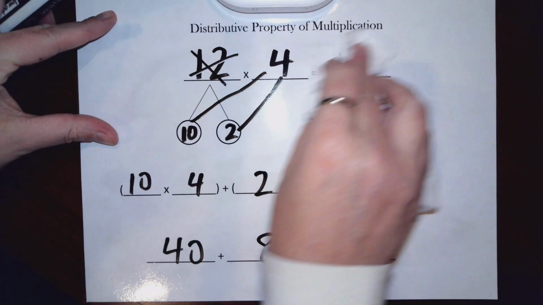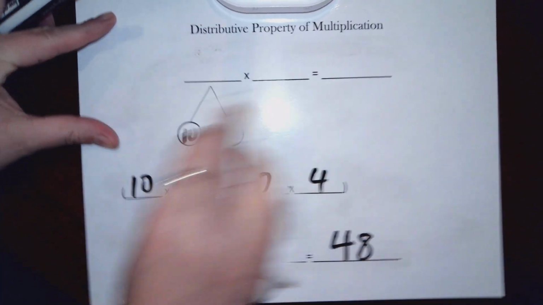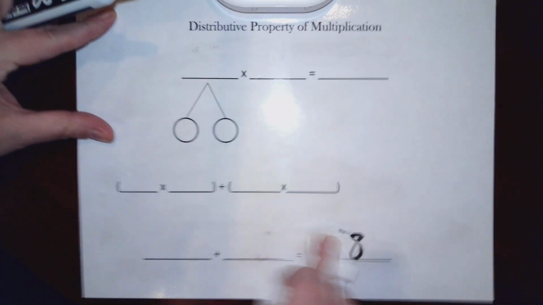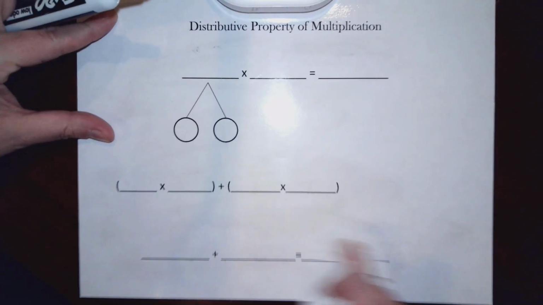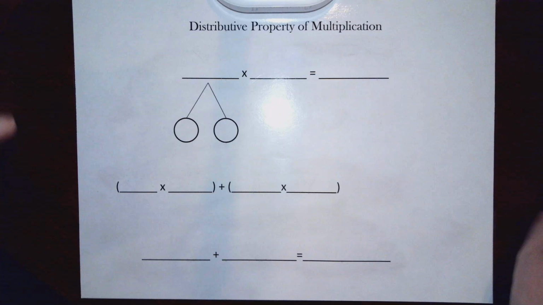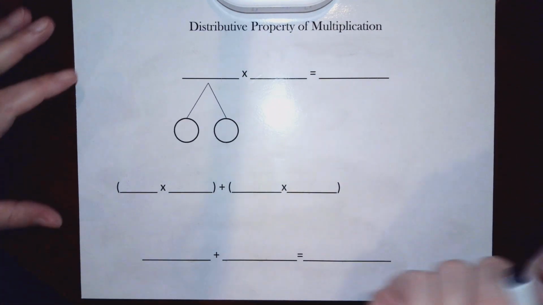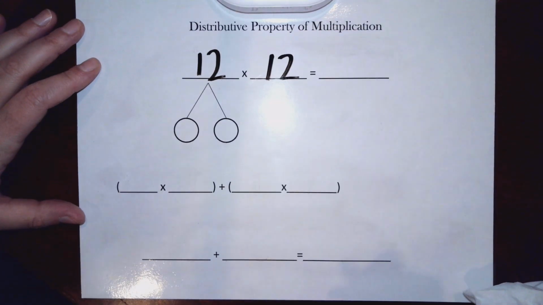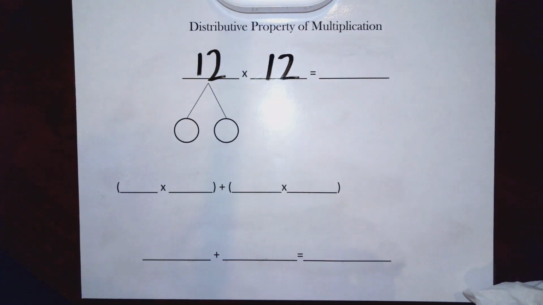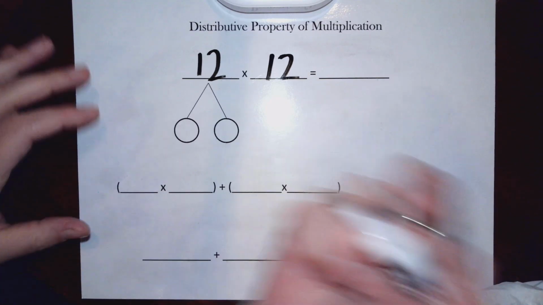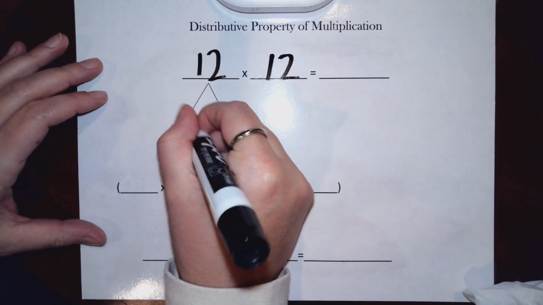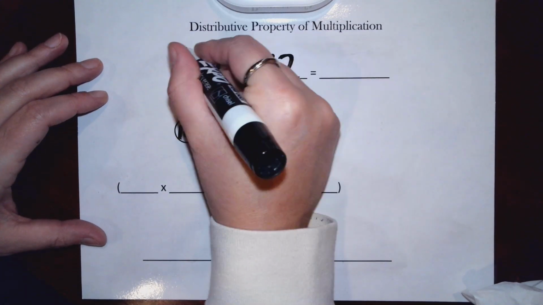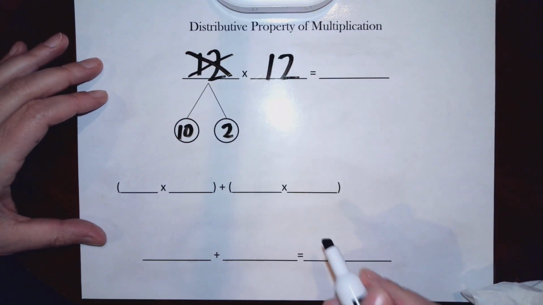Let's do one more of multiplying by 12. I know yesterday we did 11 times 12, or in the lesson on the 11s. Today let's do 12 times 12. This is the biggest basic fact that we have you memorize. So let's break this apart into 10 and 2. Because I decomposed that, I am going to get rid of that 12.